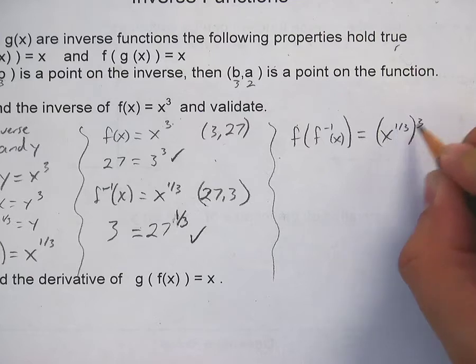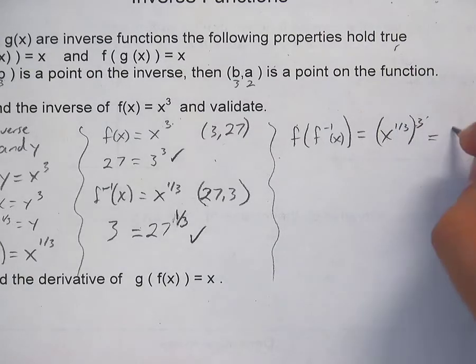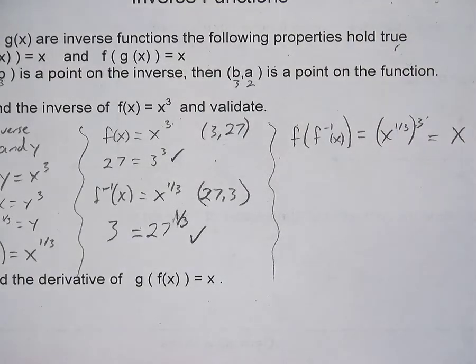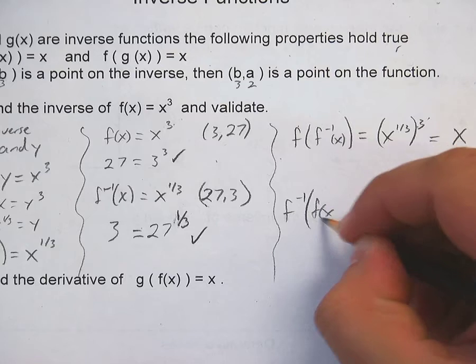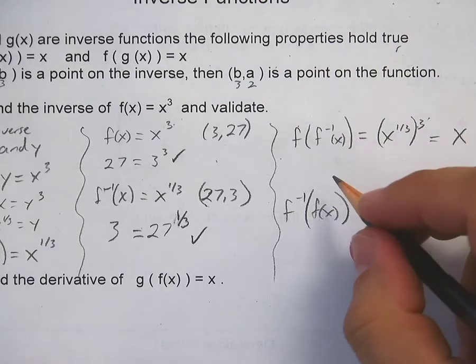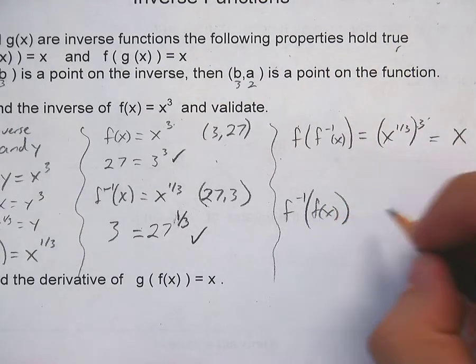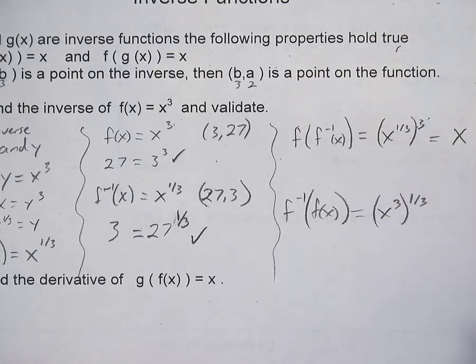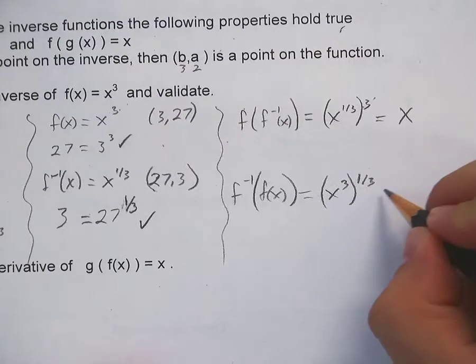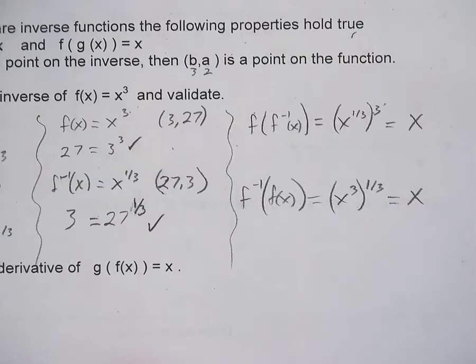Well, x to the 1/3 to the 3rd, I mean, that all cancels out to just x to the 1st power. Same way going the other way. F to the -1 of f of x, if you plug in the original into the inverse, you get x cubed inside of the 1/3 power, which again just all simplifies to x.